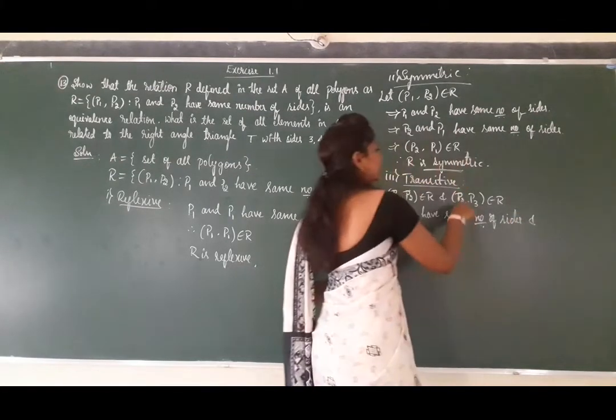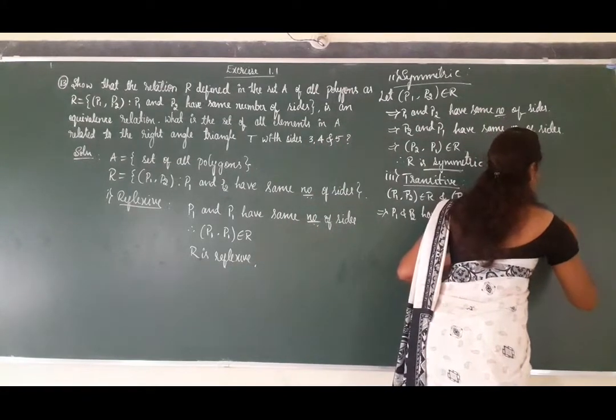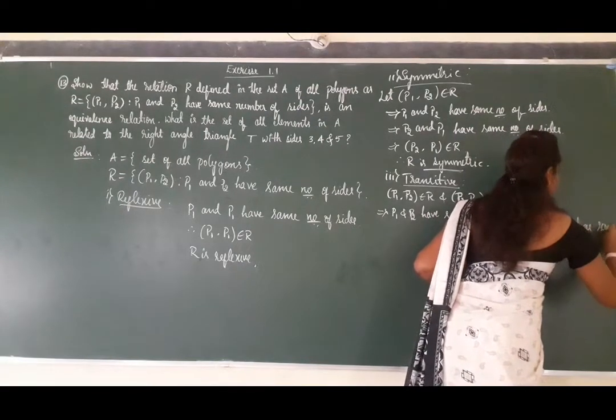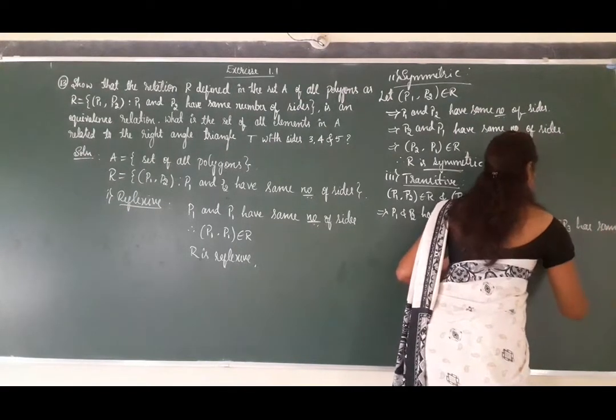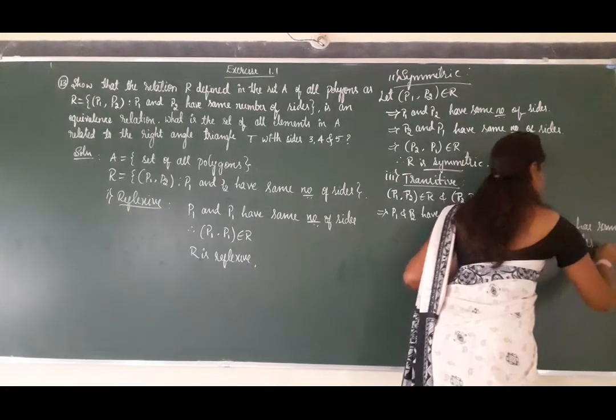And (P2, P3) belongs to R, that is P2 and P3 have the same number of sides.